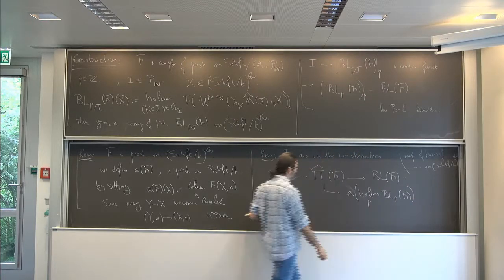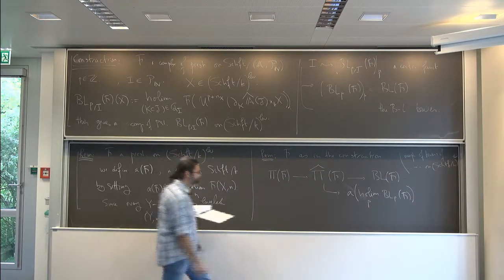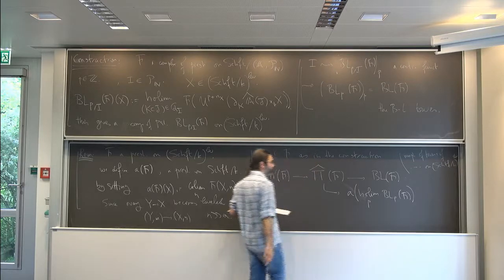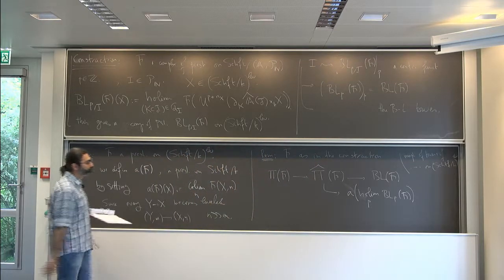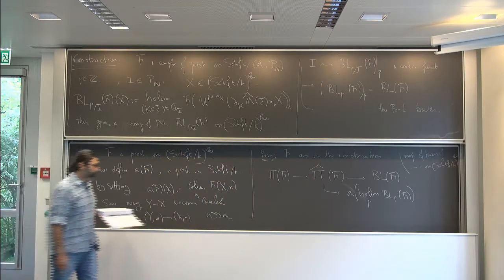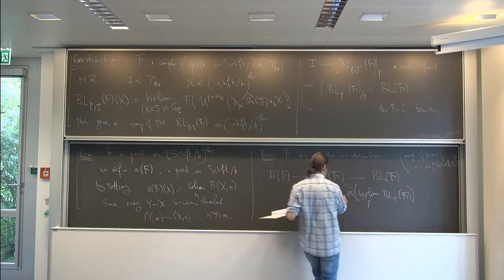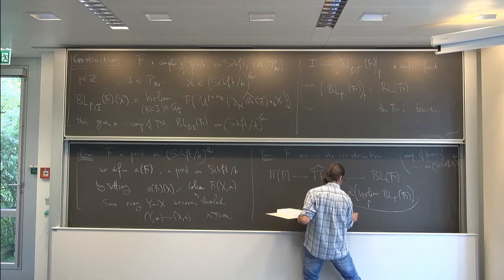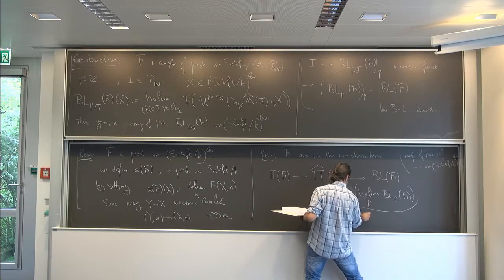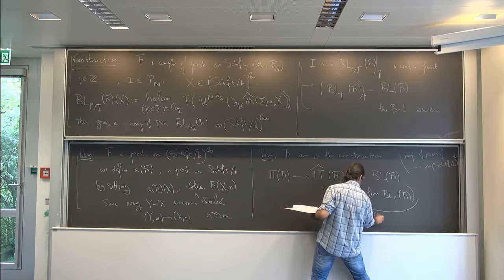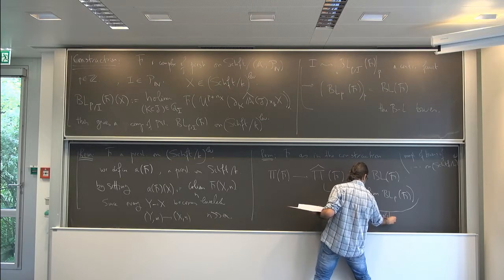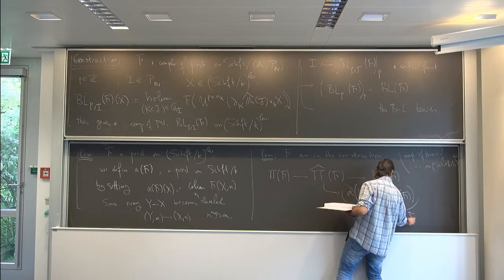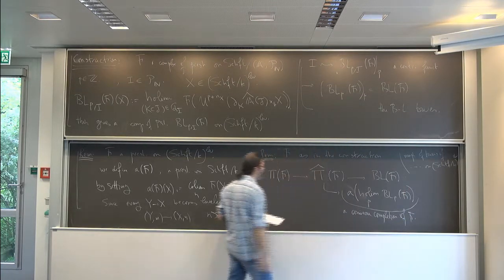And now this is just the honest morphism of presheaves on smooth finite type schemes over k. In some sense, one should think about this as some kind of a completion. So this is, if you want, a pro-completion of F, or maybe pi of F.